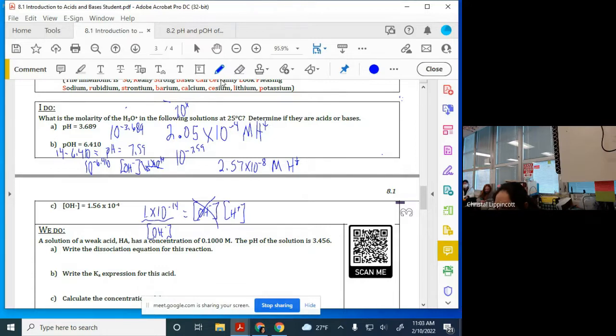So 1 times 10 to the negative 14 divided by this guy is going to give me my H plus concentration. So 1 negative 14 divided by 1.56 negative 4, and I end up with 6.41 times 10 to the minus 11. Okay.